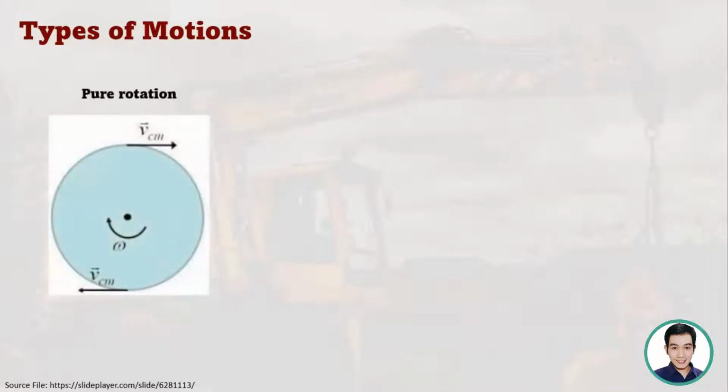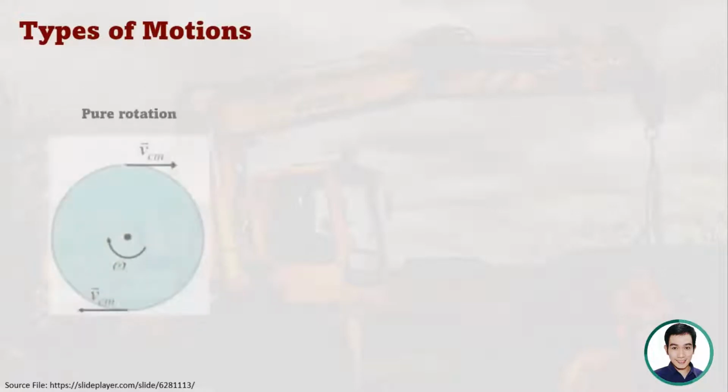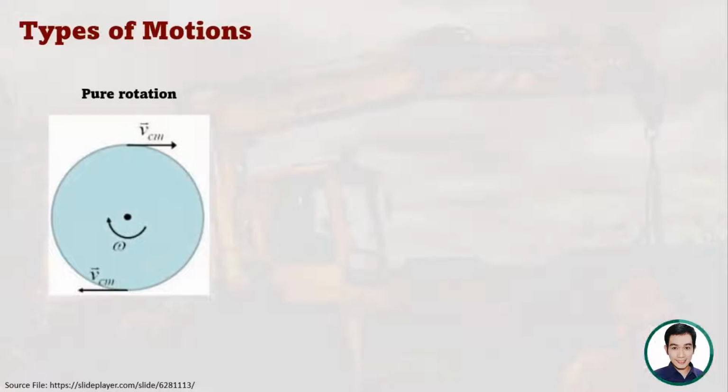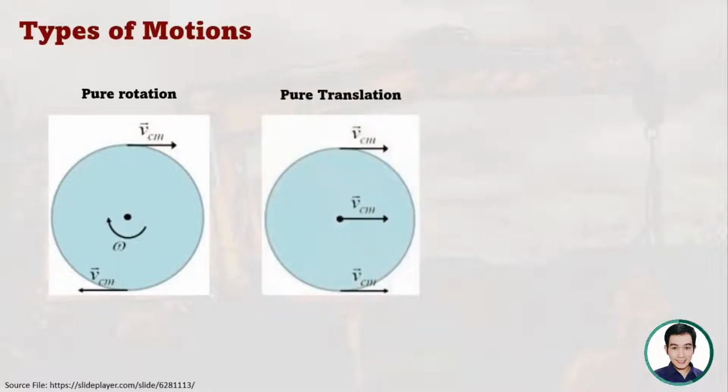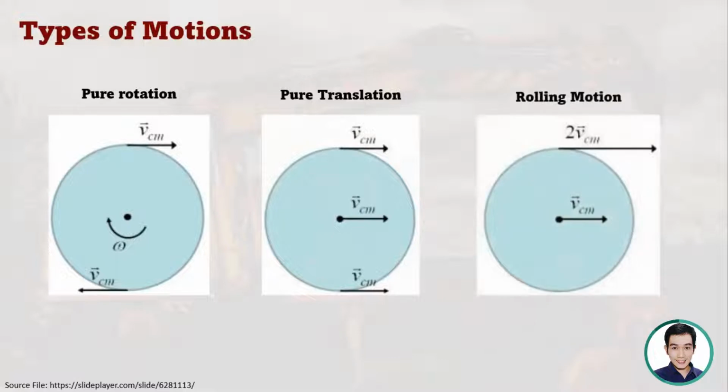There is a center of rotation, and the other points in that object are moving and changing their angular orientation with respect to the center of rotation. Then we have the pure translation, wherein all points are moving parallel along the path. And then a rolling motion, which is a combination of both the pure rotation and pure translation.